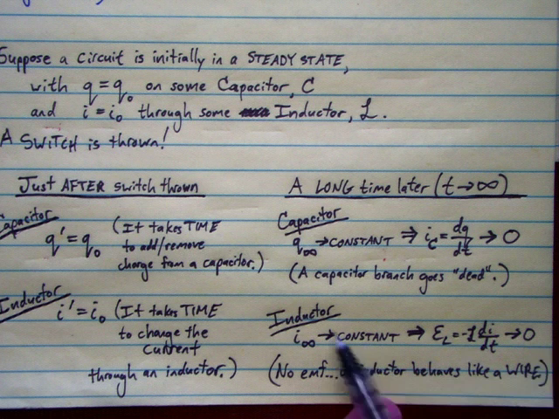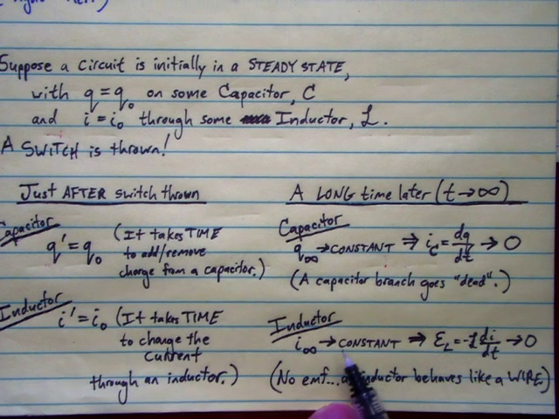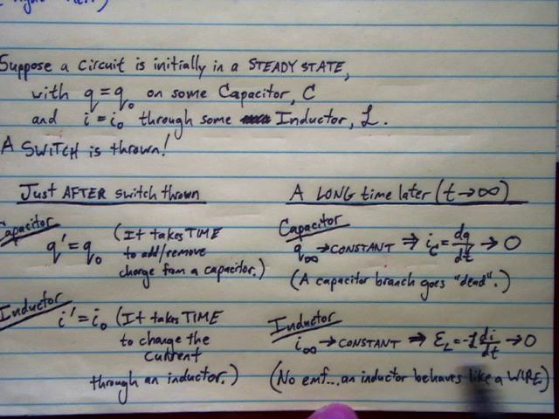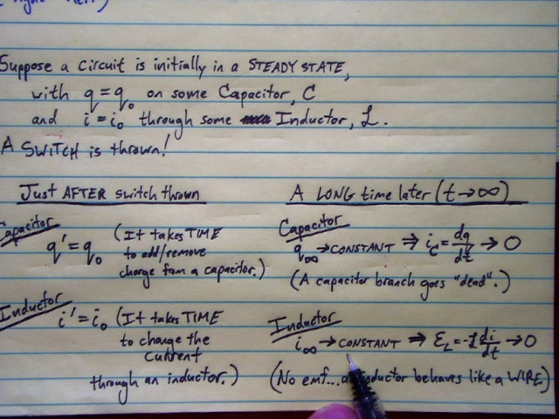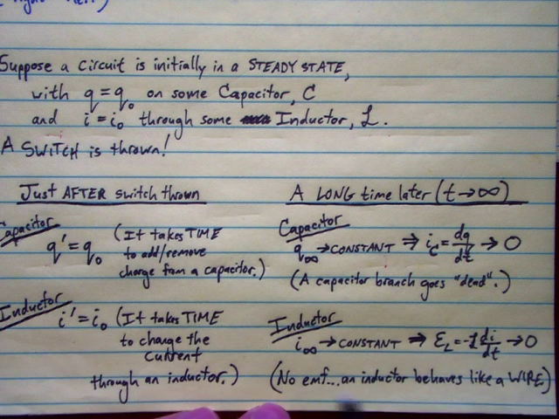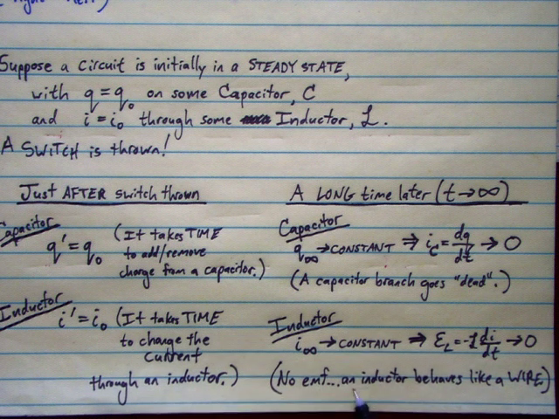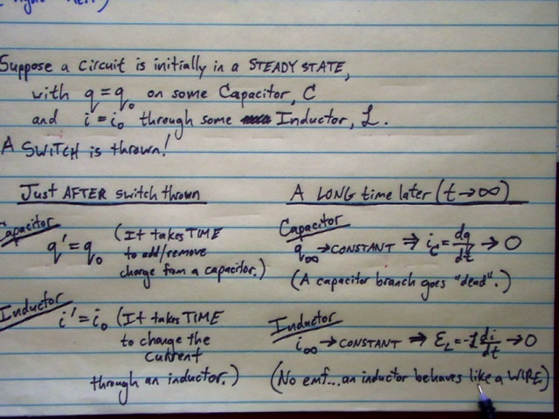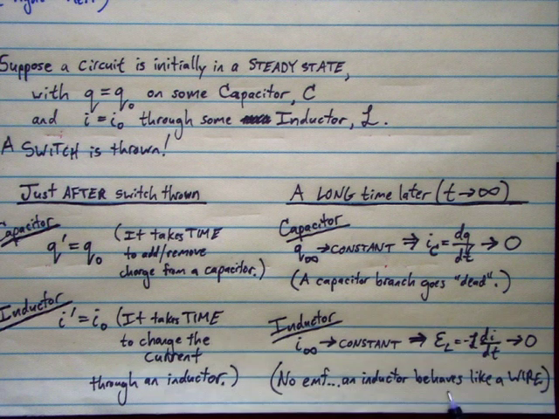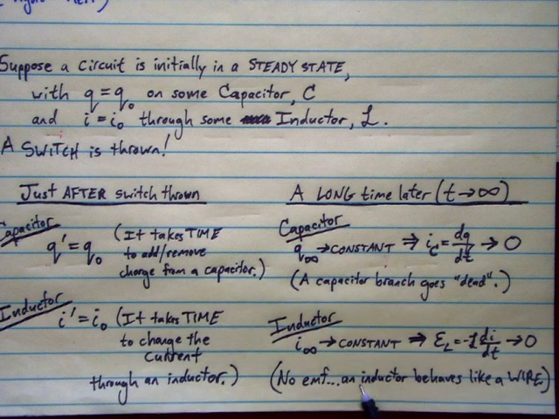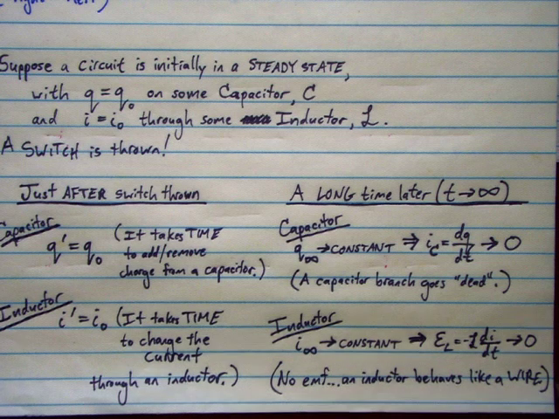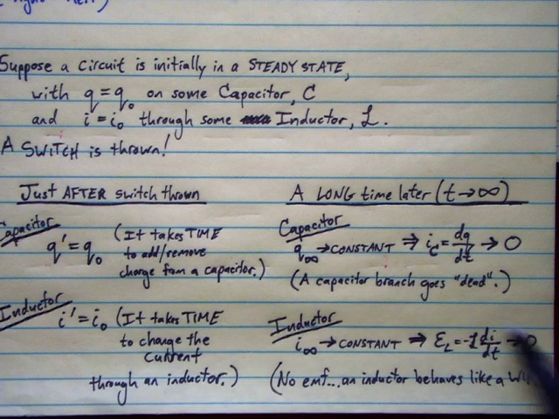If we wait a really long time, there will be no potential difference across any inductor in your circuit. No EMF across it anymore. Basically, if you wait a long time, your inductor eventually behaves just like a wire, allowing a constant steady current to flow freely through it without any potential difference there at all.